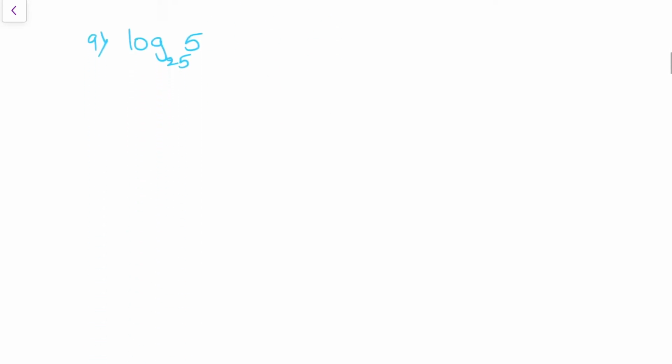Next, logarithm related questions. Log 5 base 25. So what is the value of this? Log 5, because 5 we cannot simplify further. Next, base 25 is there. 25 can be written as 5 square. If the power is for the base, it will come to the front as the reciprocal.